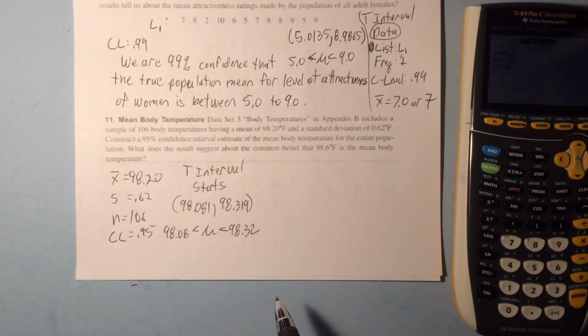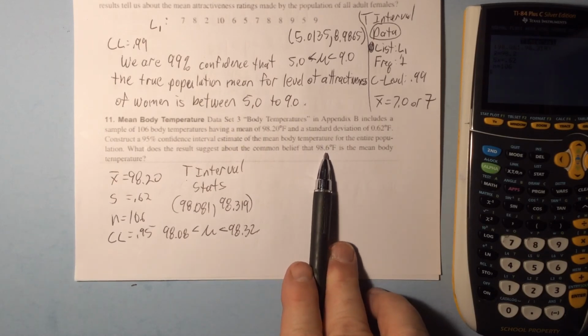And 98.6 was established to be the body temperature that people will have if they are sick or have a fever. So if you have a temperature above 98.6, that is the indication that your body is fighting some type of infection and that you are ill.